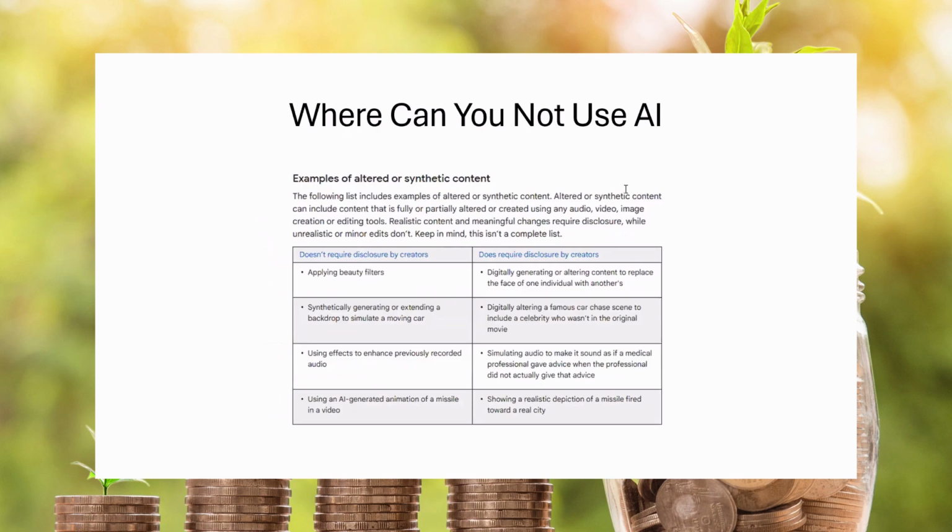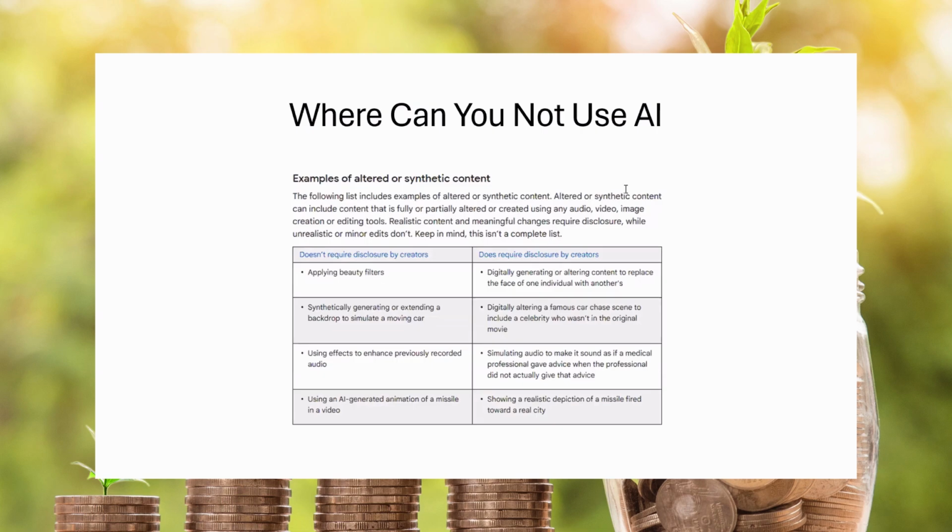What they're saying is, for altered or synthetic content, here are examples of things that you have to disclose. And you can see here, there's nothing in here that says that you can't run your script through 11 Labs. So there's nothing like that. Again, that's as of right now. So it says using effects to enhance previously recorded audio does not require disclosure, right?